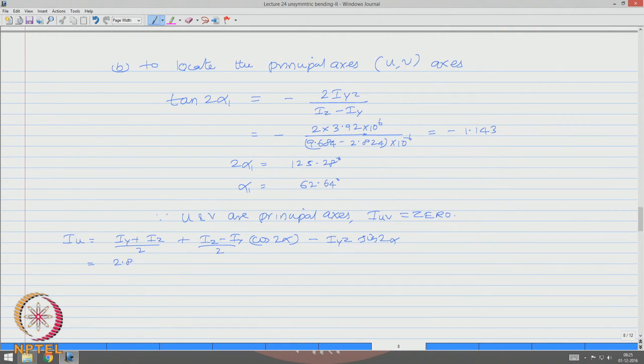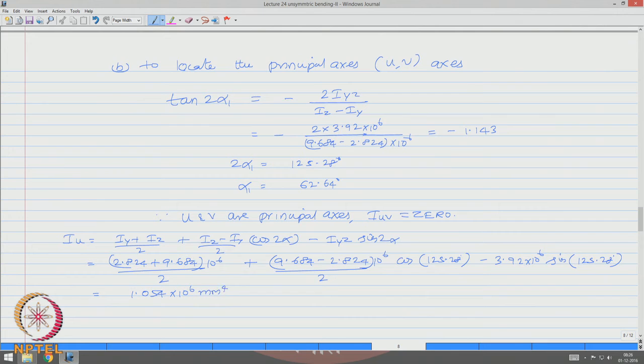Substituting, (2.824 + 9.684) × 10⁶ / 2 plus (9.684 − 2.824) × 10⁶ / 2 cos 125.28 degrees minus 3.92 × 10⁶ sin 125.28 degrees, which gives me the net value as 1.054 × 10⁶ mm⁴.